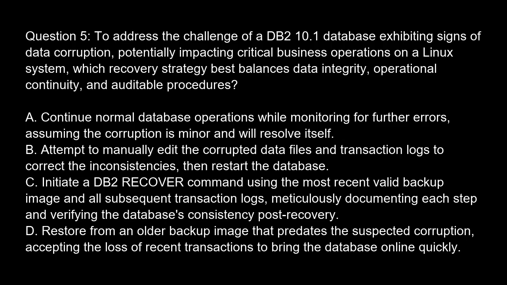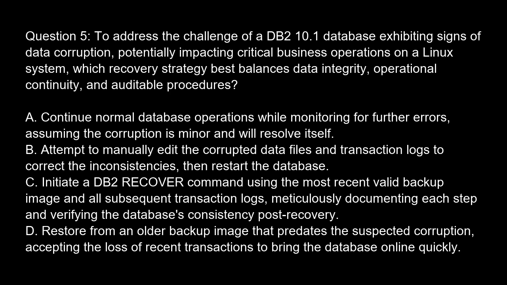Question 5. To address the challenge of a DB2 database exhibiting signs of data corruption, potentially impacting critical business operations on a Linux system, which recovery strategy best balances data integrity, operational continuity, and auditable procedures? Option A. Continue normal database operations while monitoring for further errors, assuming the corruption is minor and will resolve itself.